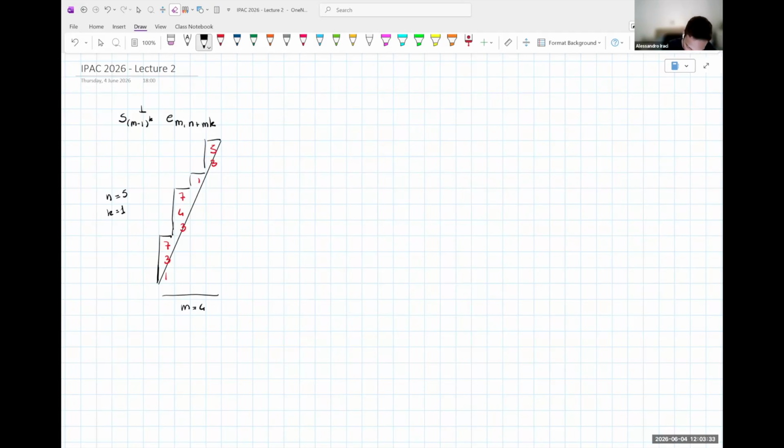So we recall that this object here is the generating series of labeled Dyck paths of size m n plus km, q to the dinv, t to the area, x to the pi.